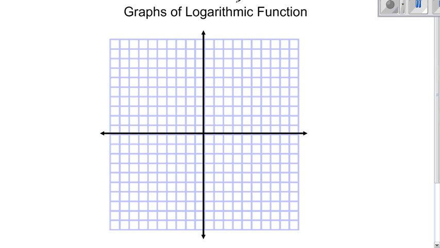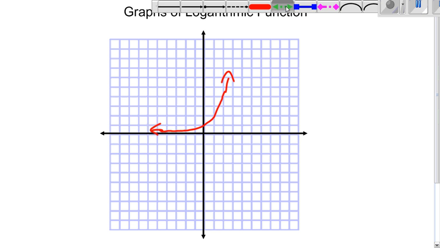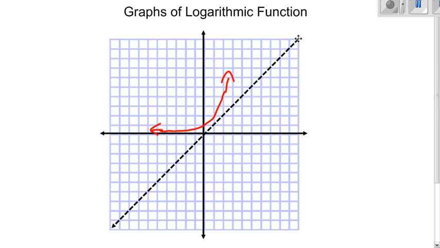So the graph of a logarithmic function, since logs are the inverse of exponents, we know an exponential function looks like this. And we know that since it's an inverse function, it will be a reflection over the line y equals x.